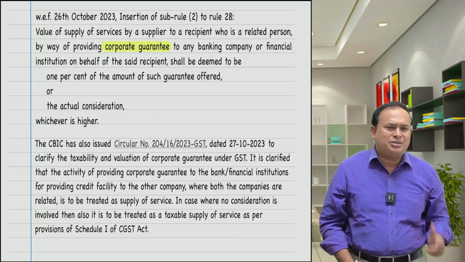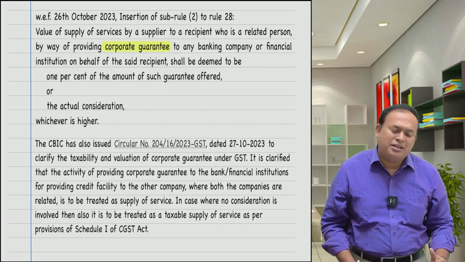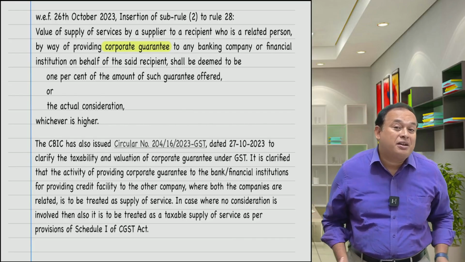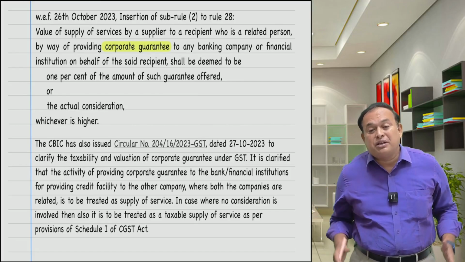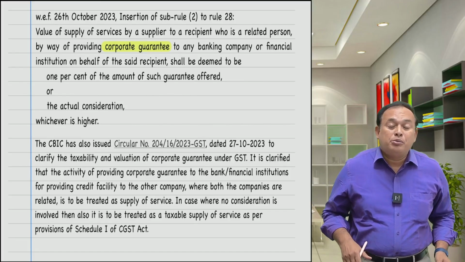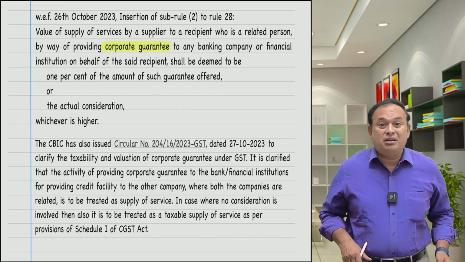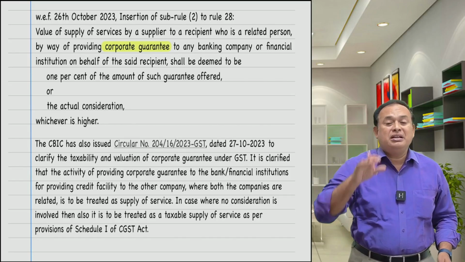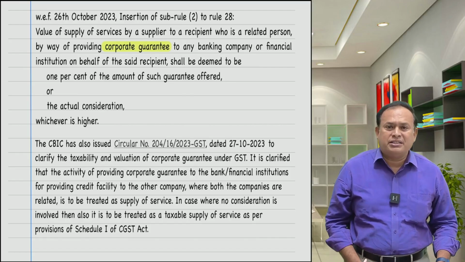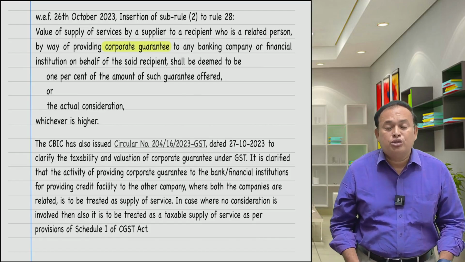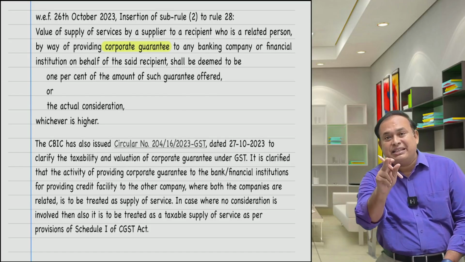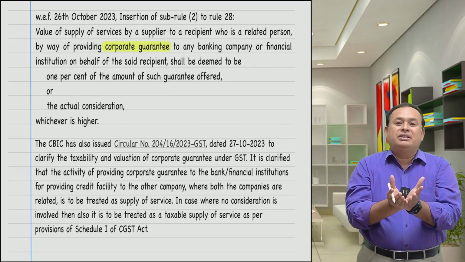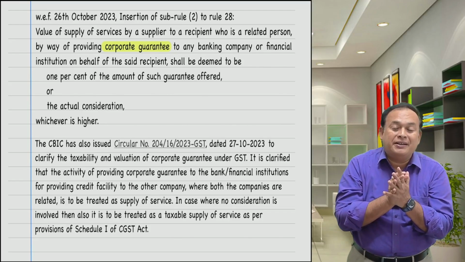Yes, I will give the guarantee because the company where I was working as a director is a genuine company. In such cases, where he is not a director of the company, or is an ex-director who provides the corporate guarantee on his personal capacity basis, consideration is allowed, and the company is going to pay consideration to that particular ex-director. In that case, it is taxable. If so, how to arrive at the valuation to pay the GST?